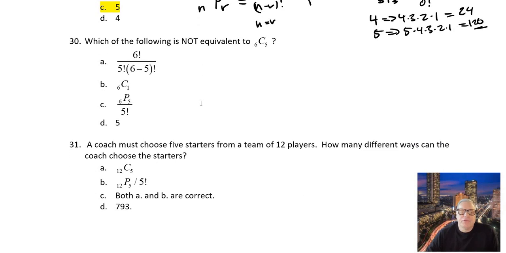Okay, which of the following is not equivalent to 6 choose 5? So let's first see what that is. Let's evaluate it. Okay, so this is a combination. So we have n factorial over r factorial times n minus r factorial.